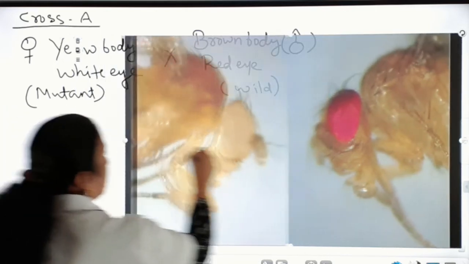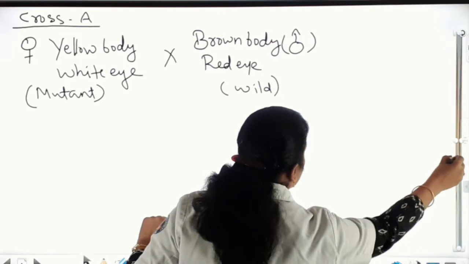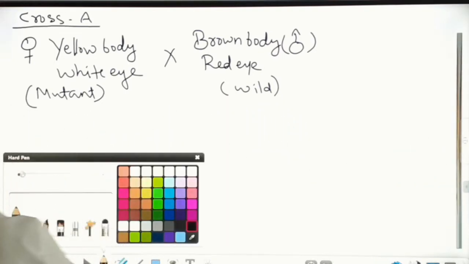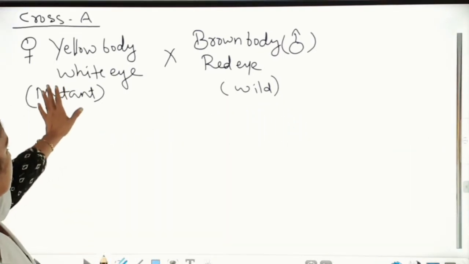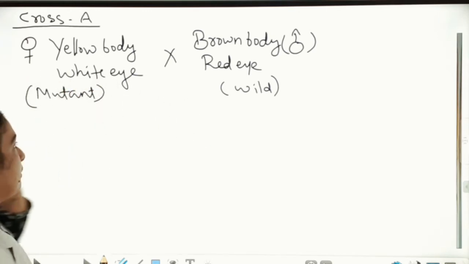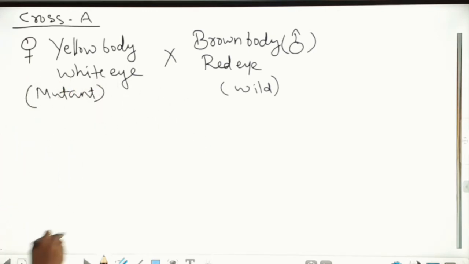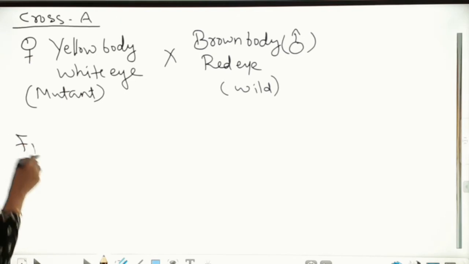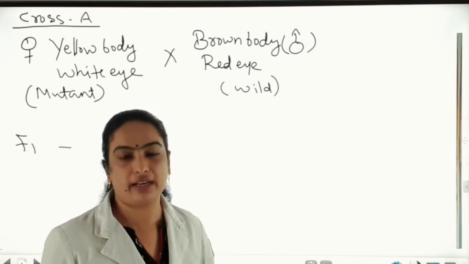Okay. Now we can see the result. Here, this is female and this is male. And in the first offspring or F1 generation, he got the offsprings with both the parental characters.